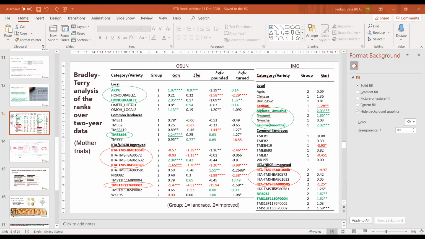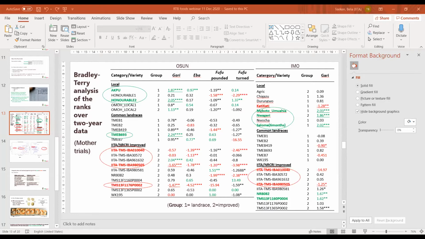It also showed color and texture problems in Fufu. This doesn't come up that clearly in the IMO situation, where the variety was not very much liked, but also not very much disliked. So in that situation, you see that the clear color issue doesn't come up. That's strong. Okay, thank you.